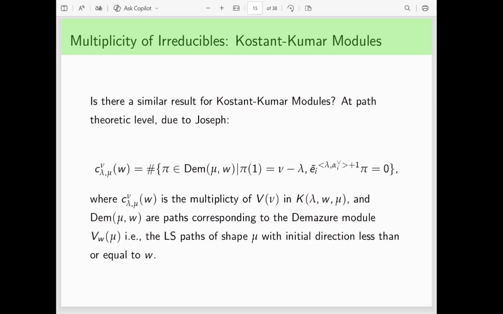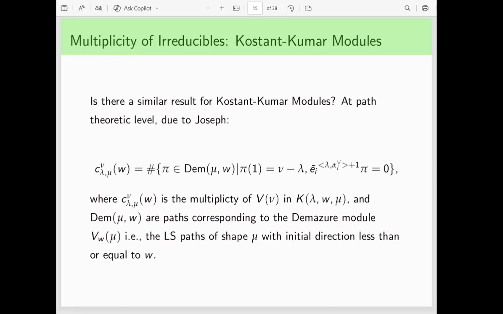And on the path theoretic or crystal theoretic side, there is a result due to Anthony Joseph, which is, if you take all paths in the path set, which are LS paths of the shape mu with initial direction less than or equal to W, and you set the weight of the path to be nu minus lambda, again killed by this appropriate power of the path operator, then the cardinality of this set gives you the multiplicity of the irreducible V nu inside the Kostant-Kumar module.